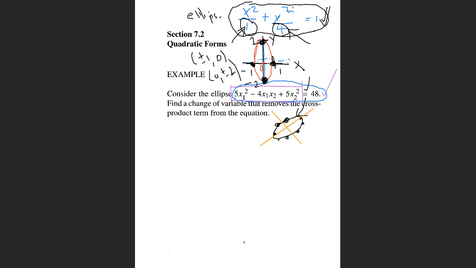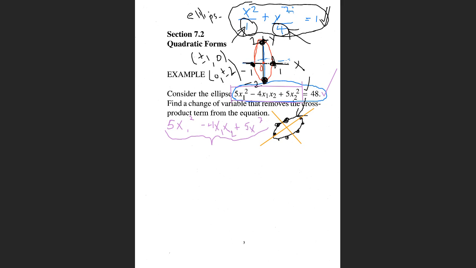In other words, here's what I'm trying to say. Let me write it this way. 5x1 squared minus 4x1x2 plus 5x2 squared.